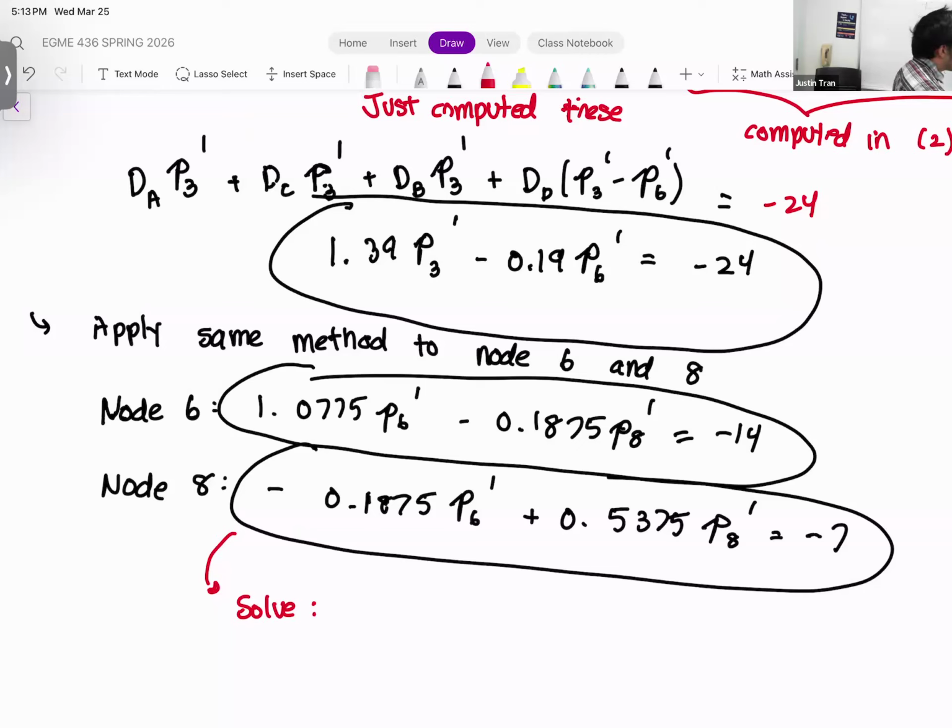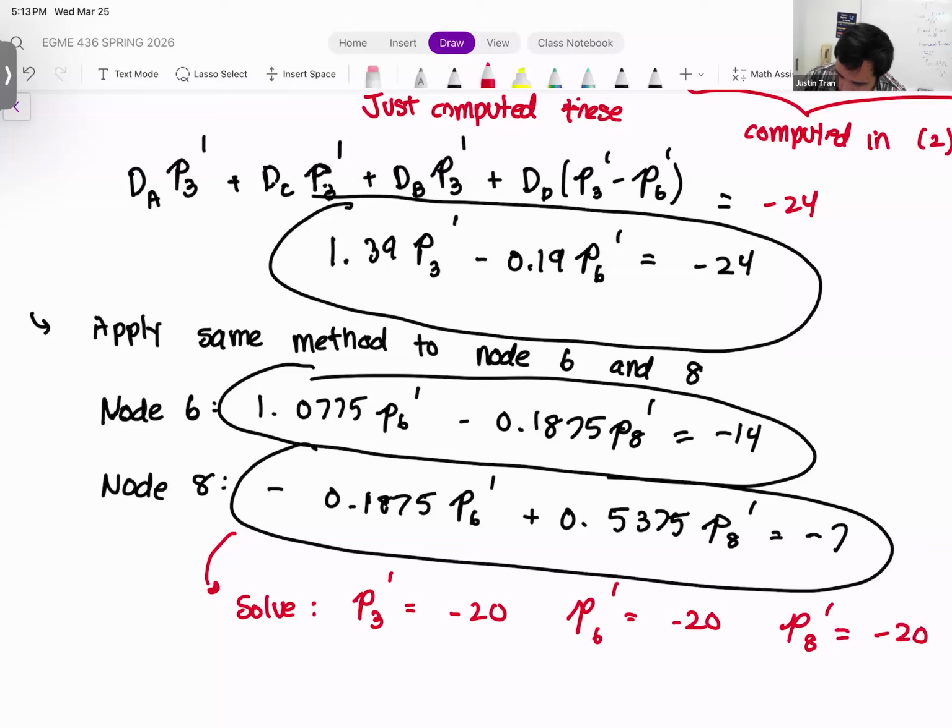Or if you're lazy like me, you can just punch this into a matrix solver like MATLAB or your calculator, right? And what we get is P3 prime is equal to minus 20. P6 prime is equal to minus 20. And P8 prime is equal to minus 20.